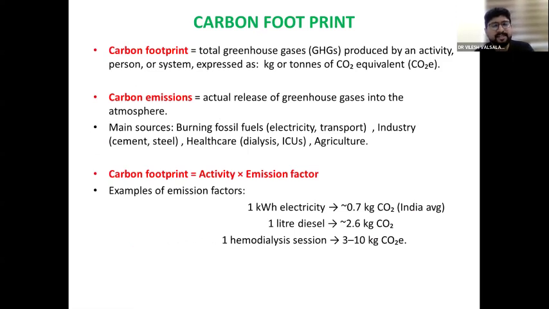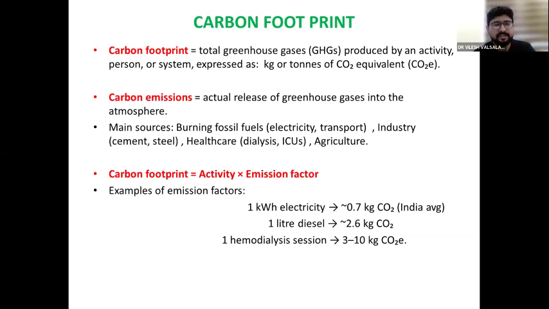Before going into understanding what exactly these words mean, looking at the first point, that is carbon footprint. The total greenhouse gases produced by an activity or a person or system, expressed as kgs or tons of carbon dioxide equivalent, is called a carbon footprint. Carbon emission means the actual release of those greenhouse gases into the atmosphere.